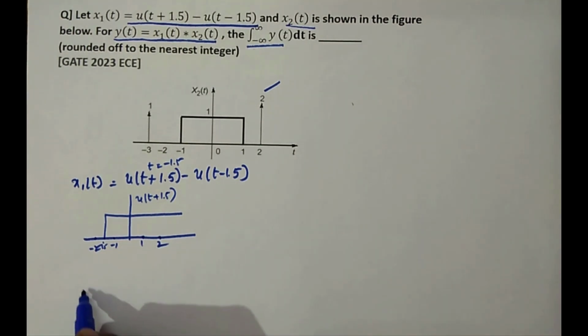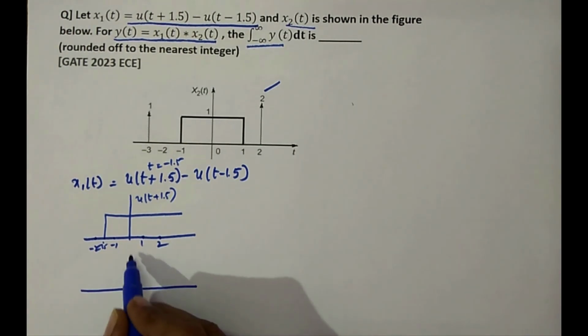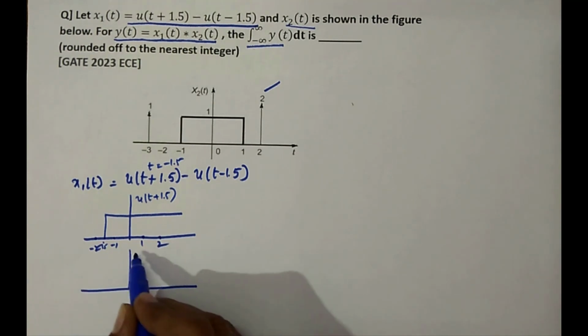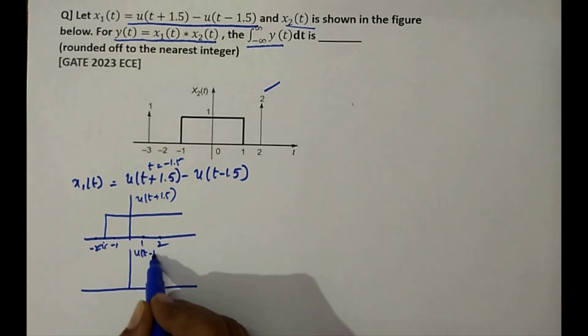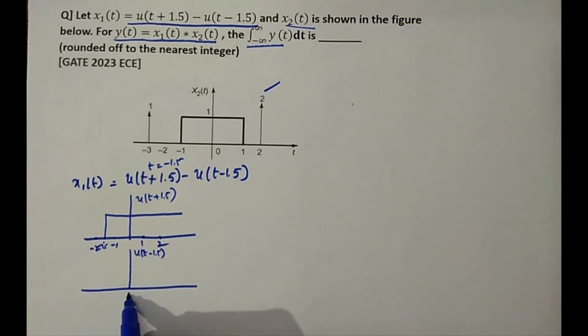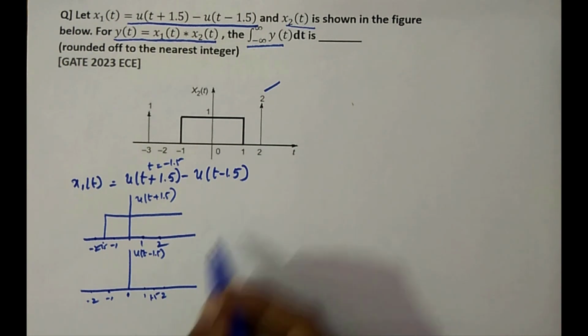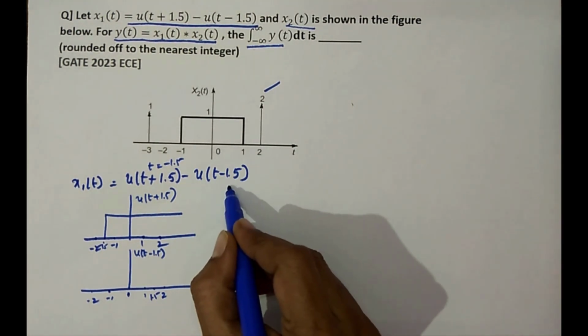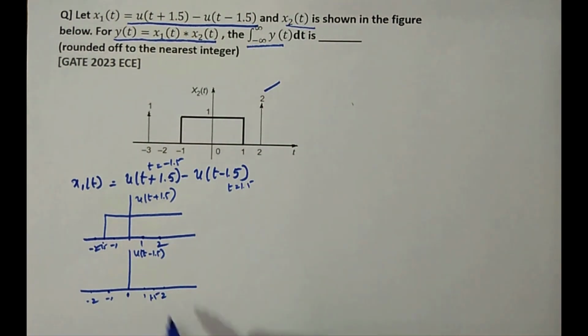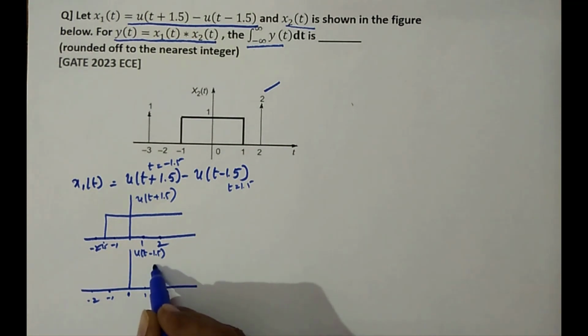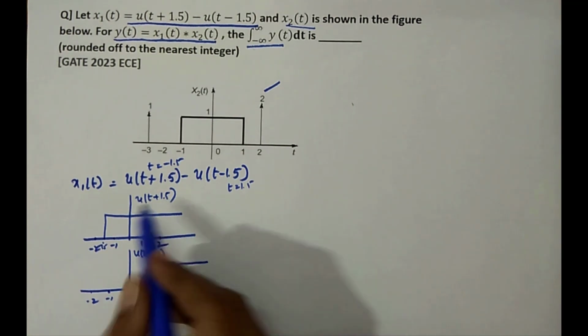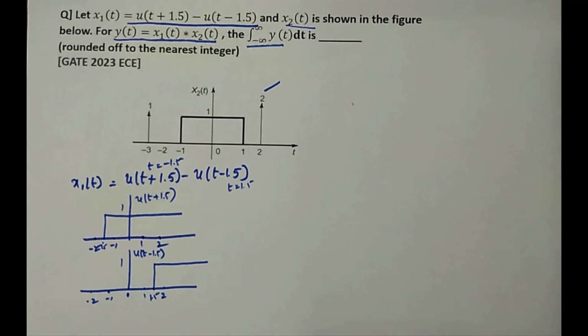In the same way, u of t minus 1.5 is, this is 0, this is 1, this is 2, minus 1, minus 2. This u of t minus 1.5 starts from 1.5. So the signal is like this. As both are unit amplitudes, 1.